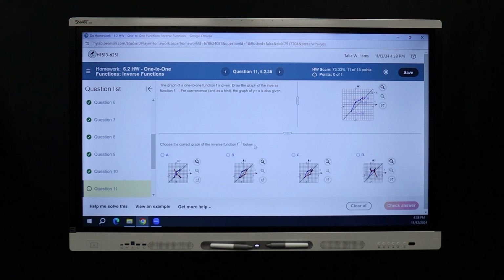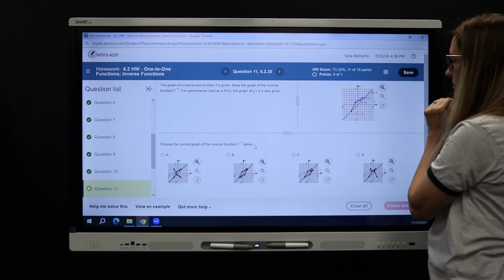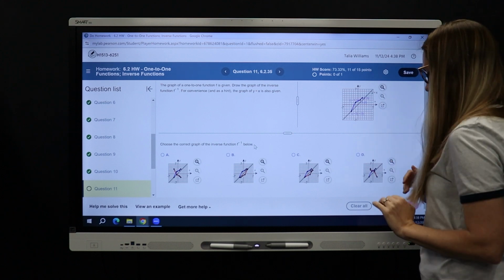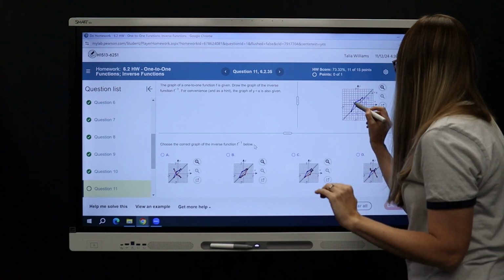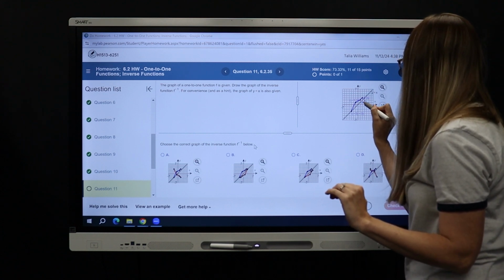The graph of a one-to-one function f is given. Draw the graph of the inverse function f of -1. For convenience and as a hint, the graph of y equals x is also given. So what they're saying is your inverse function is always going to flip across the y equals x line because you're flipping your x and your y values. So like we're going to have 3, 2, and then you're going to have 2, 1.